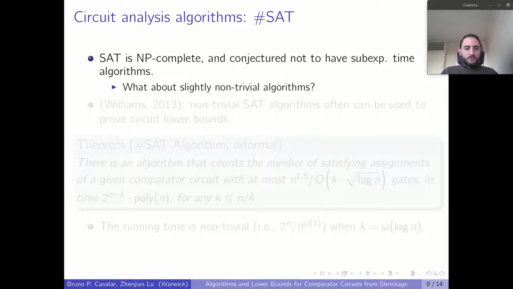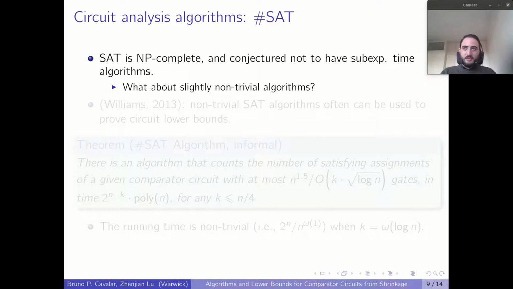So our next result is a satisfiability algorithm for comparator circuits. The SAT problem is known to be NP-complete, and it's conjectured not to have exponential time algorithms, but we can still ask the question: what about slightly non-trivial algorithms? Can we do anything better than just brute force through all inputs?